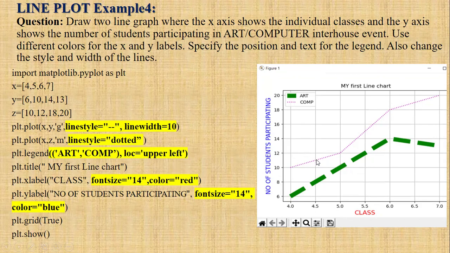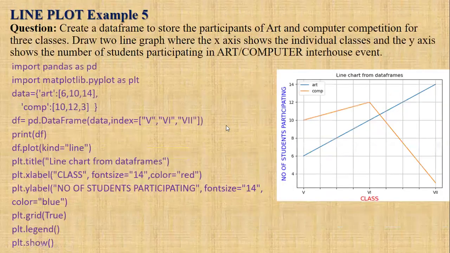Here the thickness was not changed, so this is the default thickness. Okay. Color and font size have been changed for the labels, X label and Y label. These are all beautification. You may do it, you may not. But generally, to make it look better, we do it. Line style is again an argument for the plot function only. Line width is also an argument in the plot function itself.